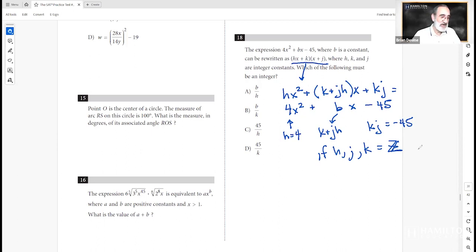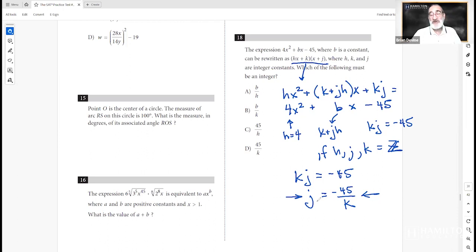They're integer constants. And so if kj is equal to negative 45, then j has to be negative 45 over k. And so this thing has to be an integer, means this thing has to be an integer.